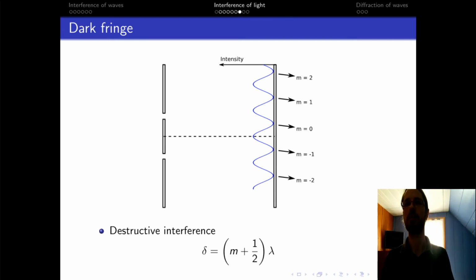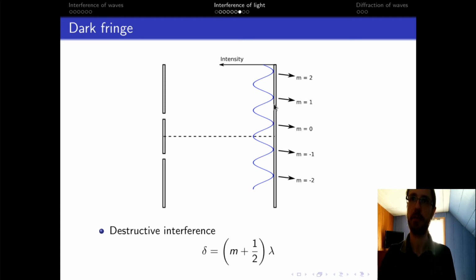They have to interfere constructively. If we start from this expression and we try a few values for m, this has to be an integer. So if we put 0, we have a path difference of 1/2 times the wavelength. So the first dark fringe above the center is not for m equal 1, but m equal 0.